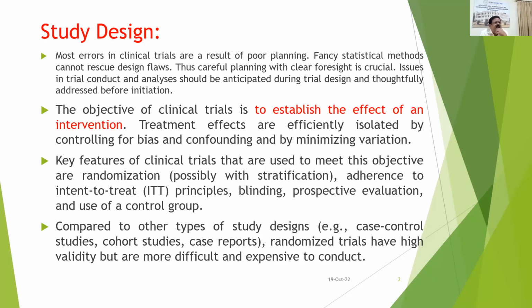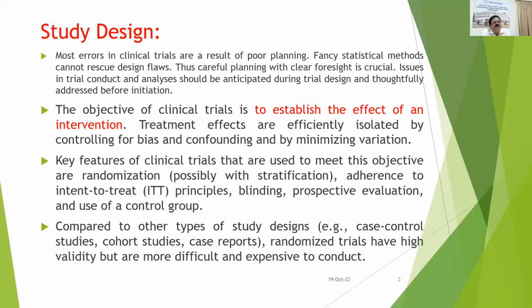Key features of clinical trials used to meet this objective are randomization, possibly with stratification. Adherence to the intent to treat principle, blinding, prospective evaluation, and use of a control group should be followed with the help of a true statistician.